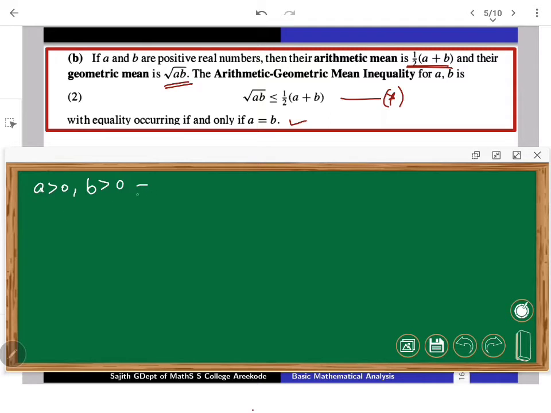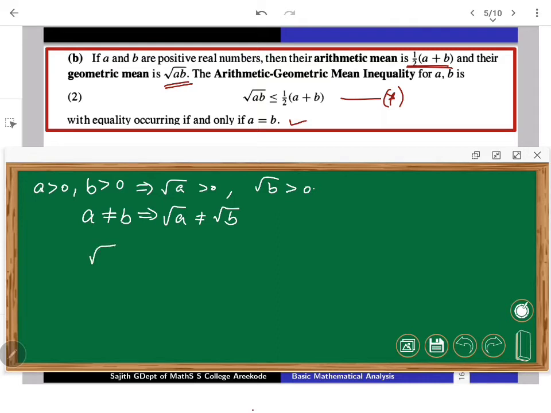So we will assume that A is not equal to B for the time being. Then obviously the square root of A also differs from the square root of B. Otherwise, if they are equal, you have to come back with A equals B also. This implies the square root of A is positive as well as the square root of B is positive, and they are different.